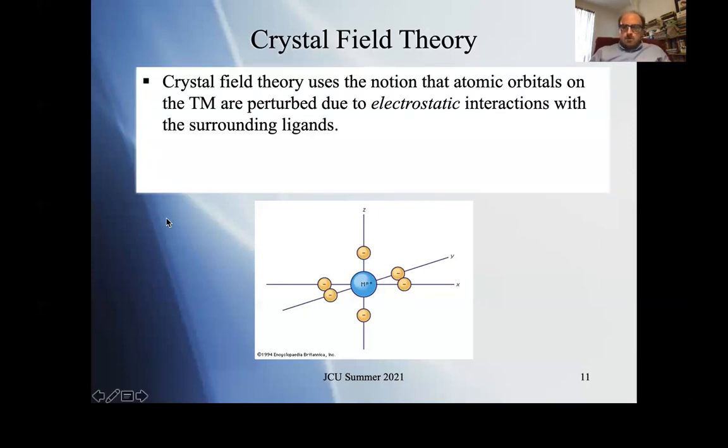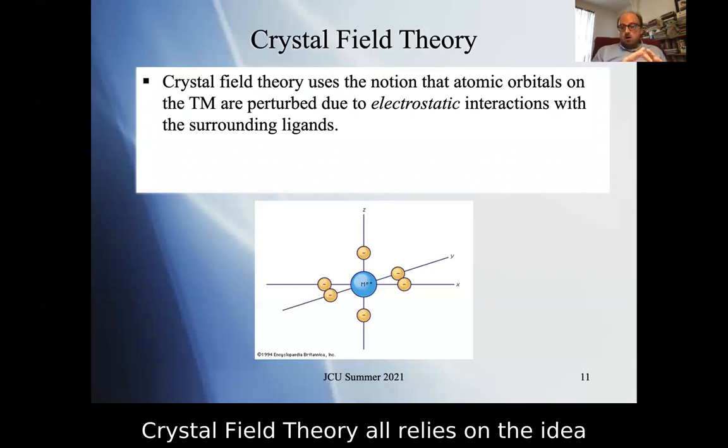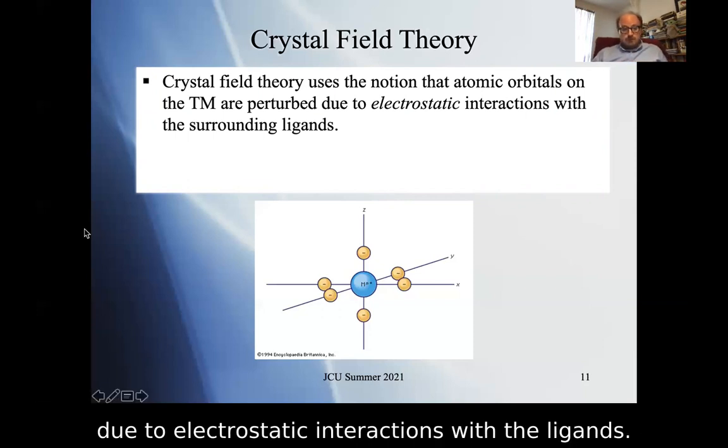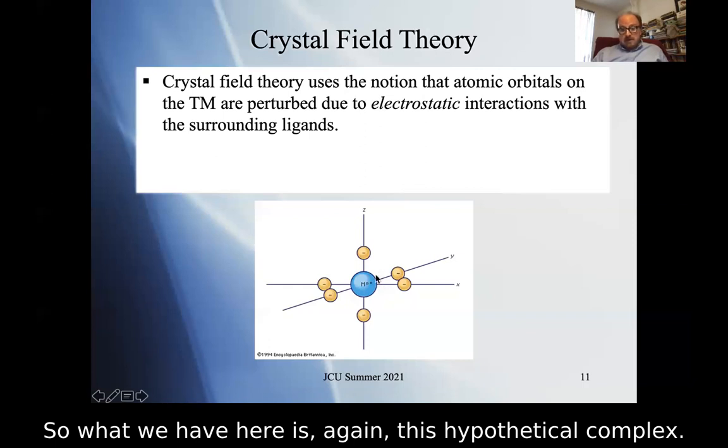Now, crystal field theory all relies on the idea that atomic orbitals are perturbed due to electrostatic interactions with the ligands, right? So what we have here is, again, this hypothetical complex.